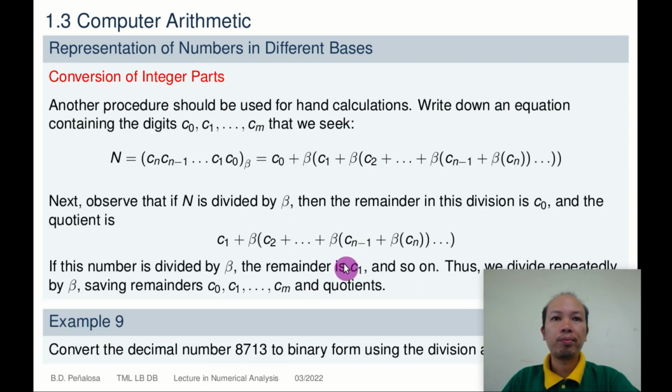We also discussed another procedure which is much easier, using the division algorithm. All you have to do is divide this number repeatedly by the base that was asked in the problem, and then collect those remainders, and that's your answer.